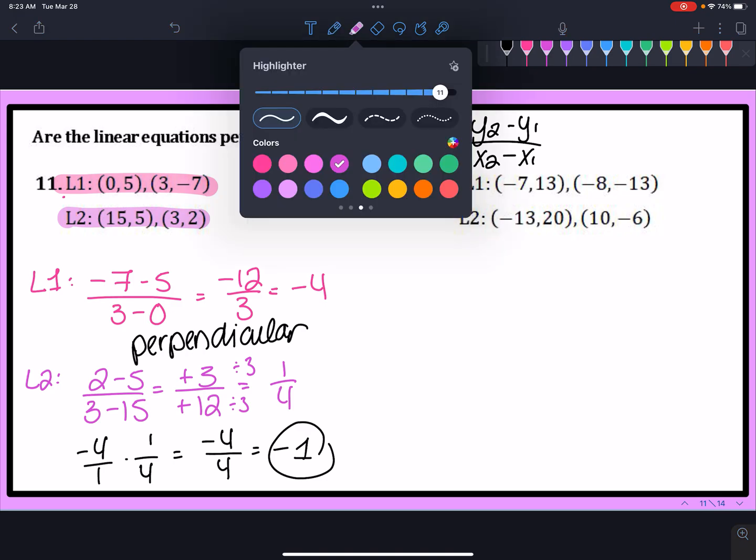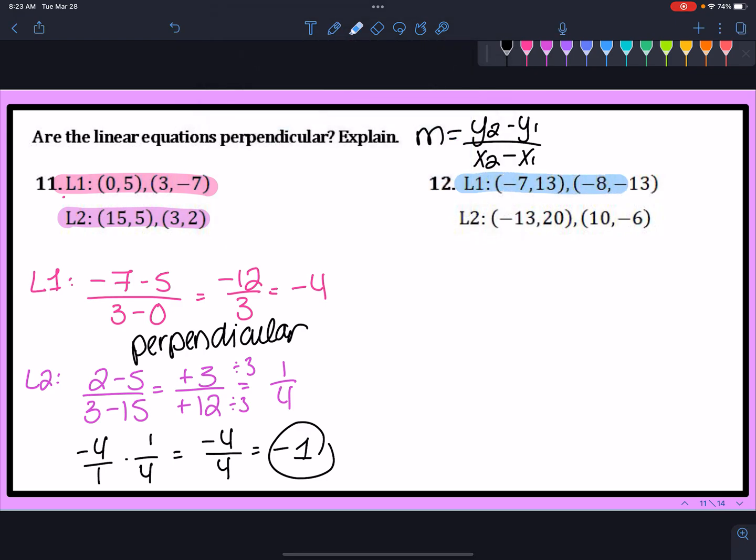I'm going to do one more with you guys. I'm going to start out with line 1. So line 1, we are going to do negative 13 minus 13 over negative 8 plus 7. This gives me negative 26 over negative 1, which is just positive 26.